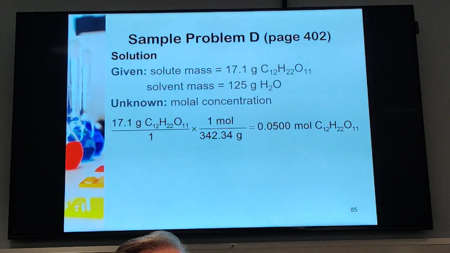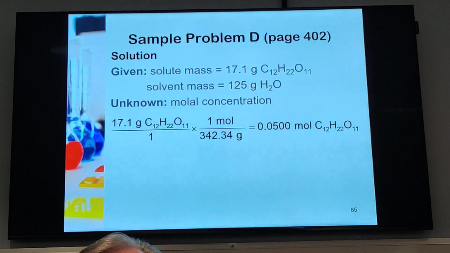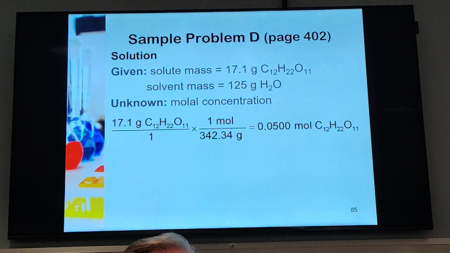What does the mass have to be in what units? Kilograms, right. So 125 grams is how many kilograms? How many grams in a kilogram? 1,000. Okay.